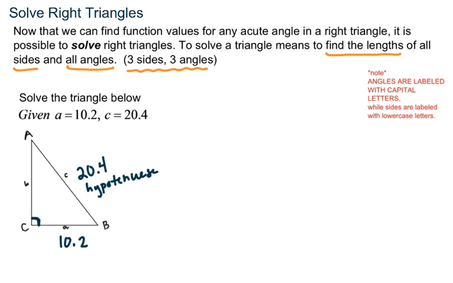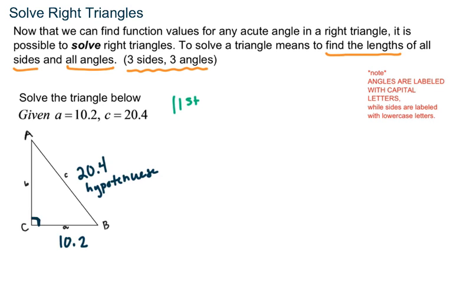So we're always going to be given three pieces of information, either two sides and an angle, or two angles and a side, or three sides. And then we need to find three other pieces. I'm looking for side b first, and you can do this in any order. It's just a matter of what you see.